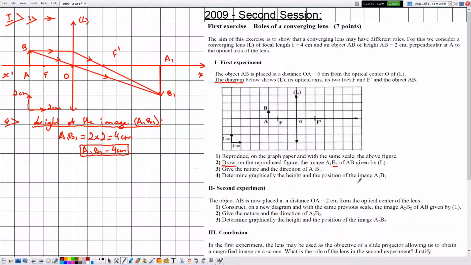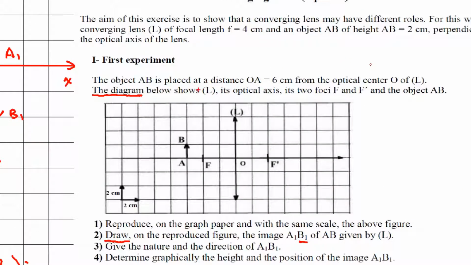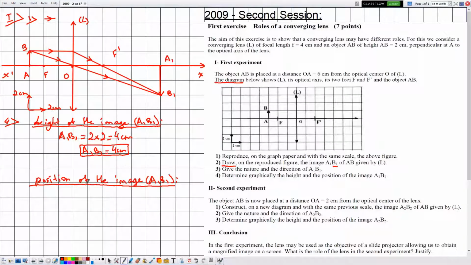Now it's left to calculate the position of the image A1, B1. Because the distance between the lens and the object is denoted by OA, let's denote the position, or the distance between the lens and the image, to be OA1.